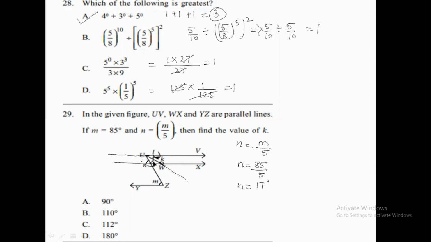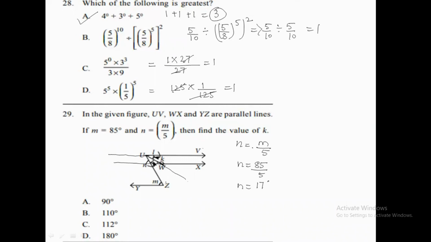Now, if this angle is 85, then the angle over here will be equal to 180 minus 85, so that angle will be equal to 85 only.